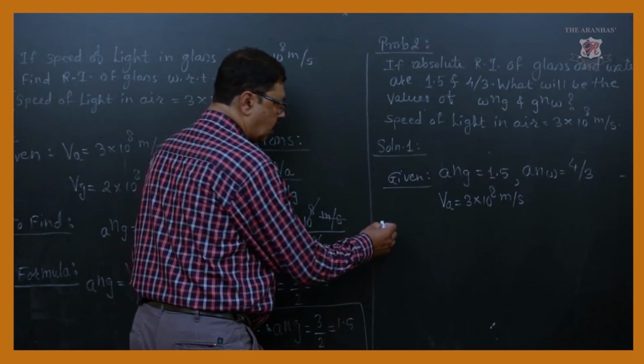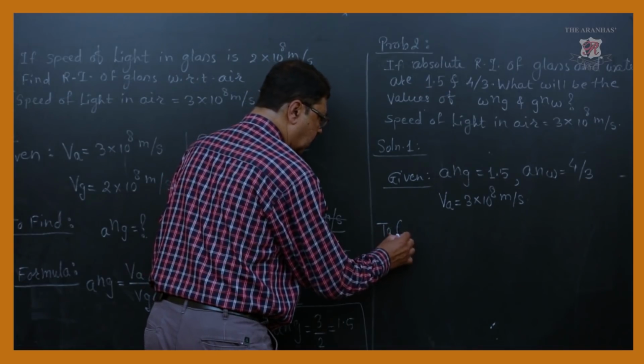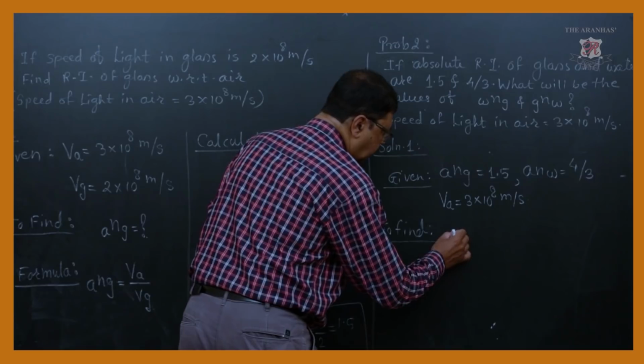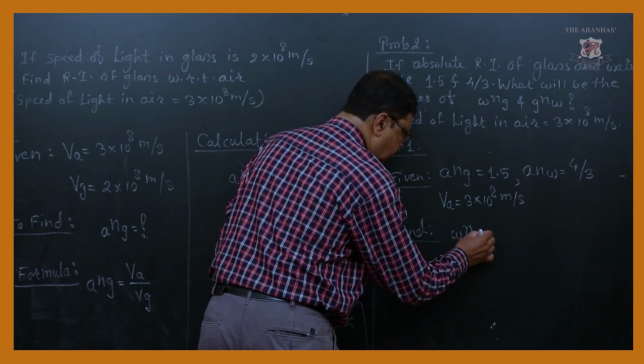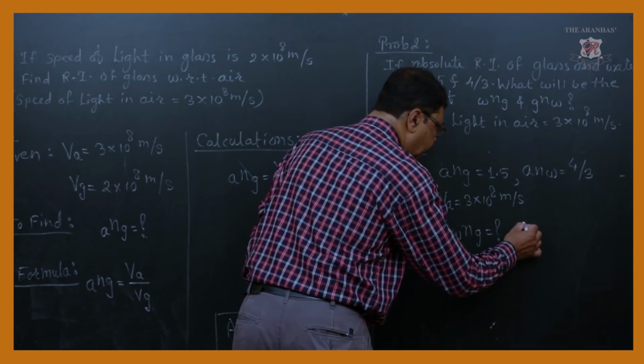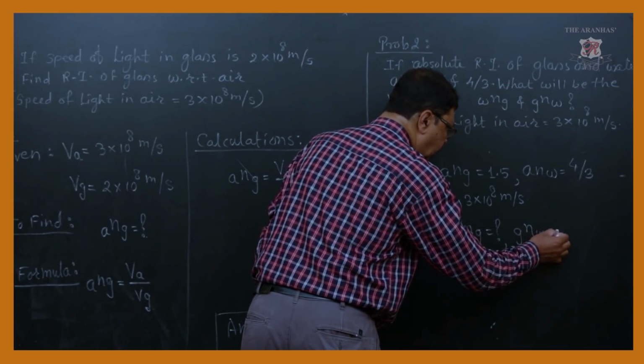What is to be found out? To find w_n_g equal to what and g_n_w equal to what?